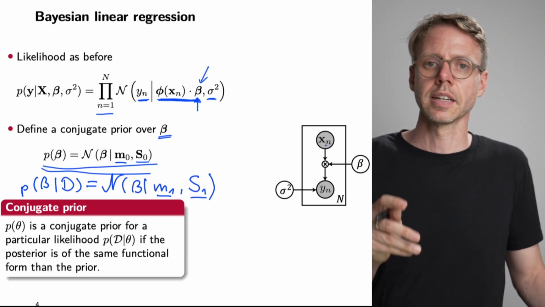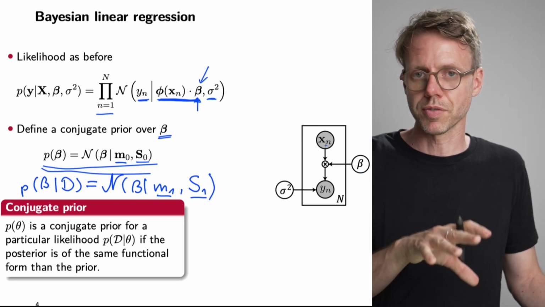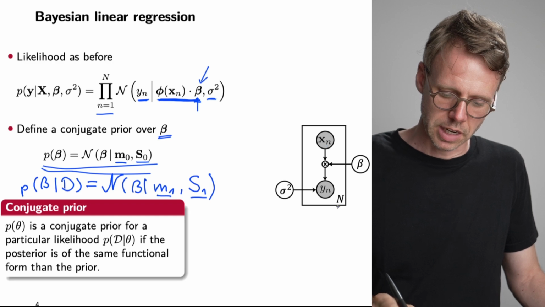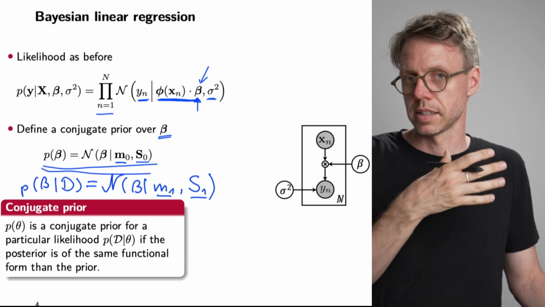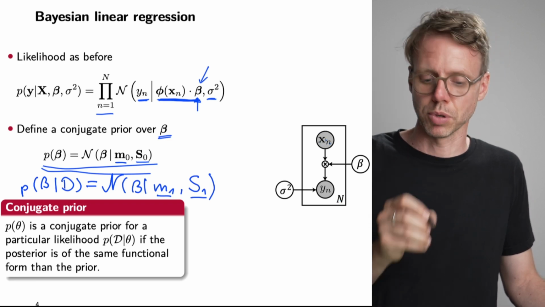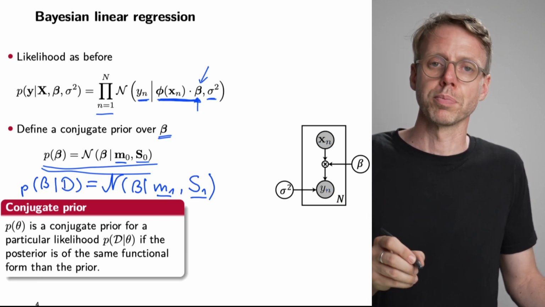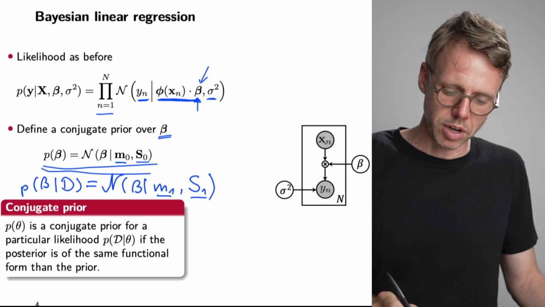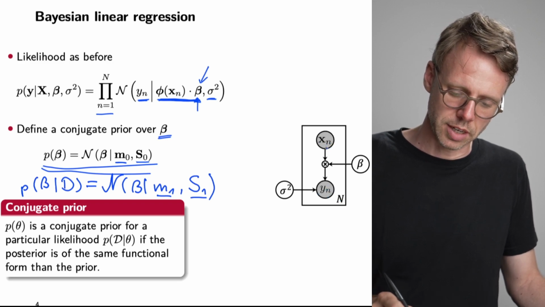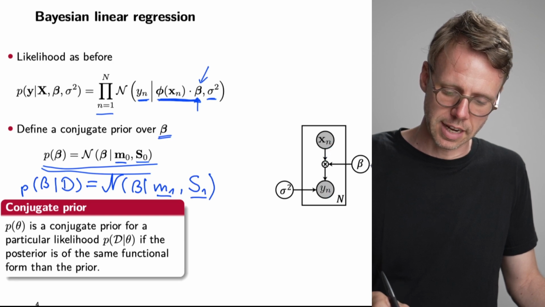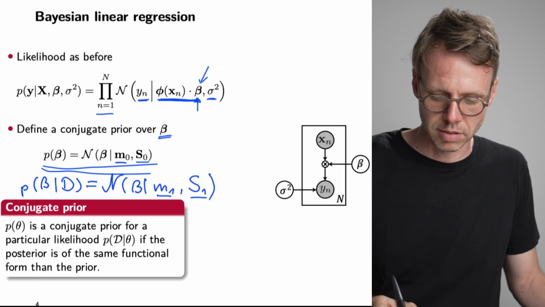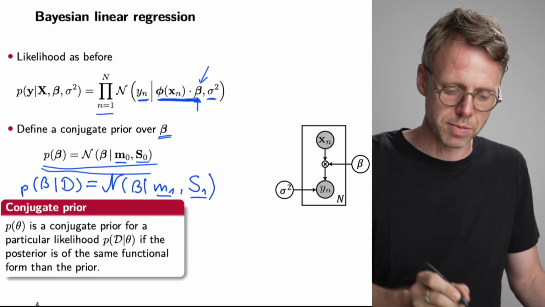And our data are considered observed random variables, so they are fixed, they are given, we can condition on them. Now we have n samples from this data set. So we have n pairs of inputs xn and outputs yn. And our model says that the yn distribution depends on xn and this single parameter beta, by computing the linear regression model.